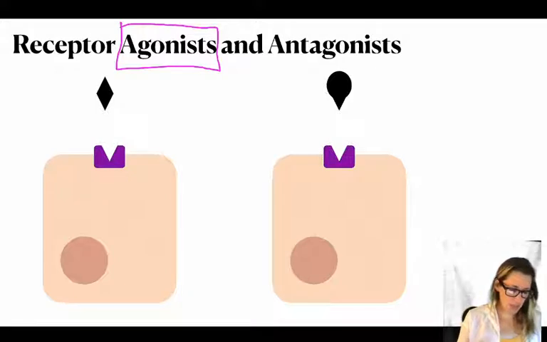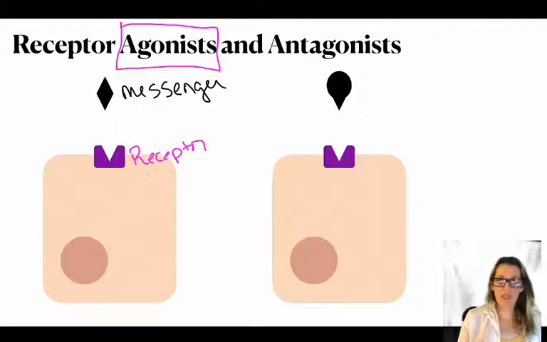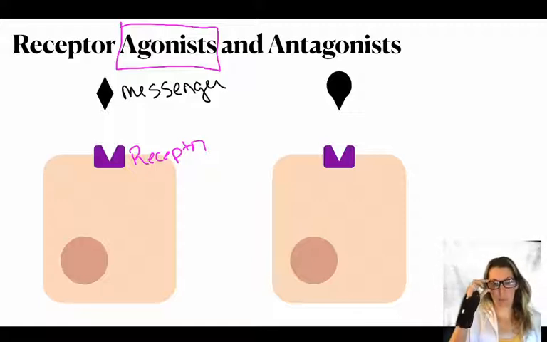Here in our image, this is our receptor. And then this is our messenger, also called a ligand sometimes. And this is what's called our primary ligand. This is the thing that you could think of as supposed to trigger the receptor.